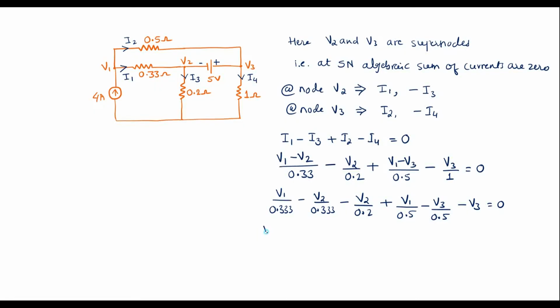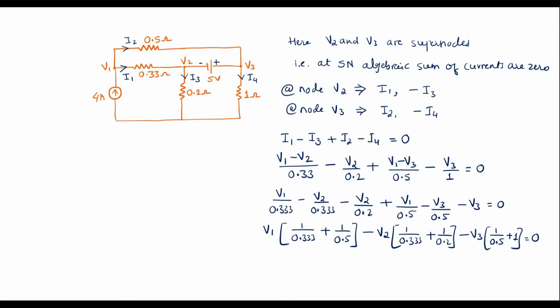Or I can write V1 in bracket, 1 divided by 0.333 plus 1 divided by 0.5, plus, since there are two V2 terms, minus V2 in bracket, 1 by 0.333 plus 1 by 0.2, and minus V3 in bracket, 1 divided by 0.5 plus 1, is equal to 0.